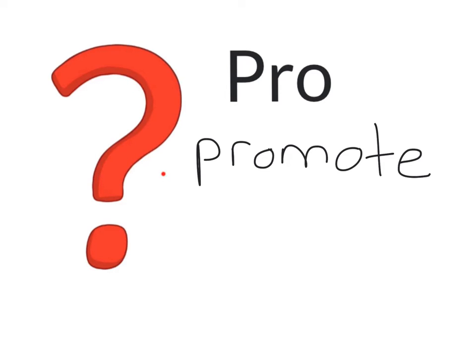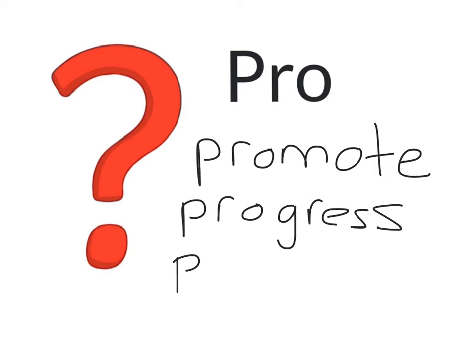So when you'd read it, you'd read pro, see that prefix, and then mote. Another one for pro might be progress. And another one is proceed. So when you're reading these words, see if you can recognise the prefixes and read those first.